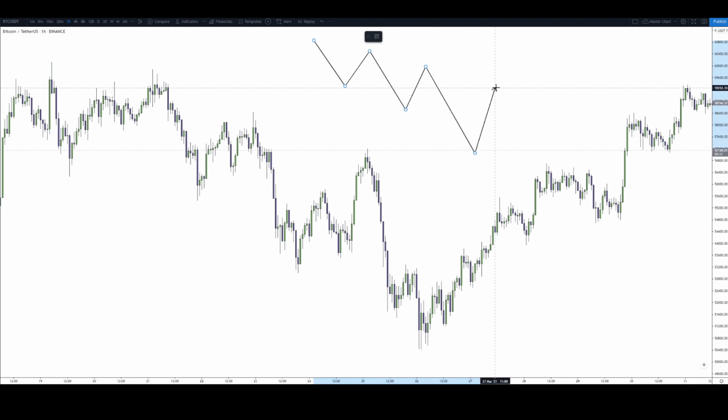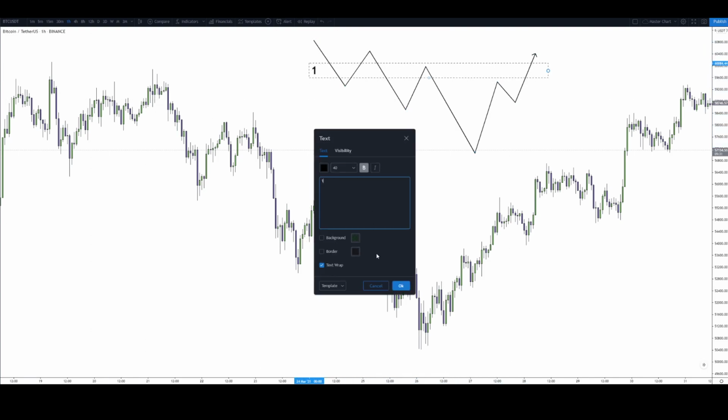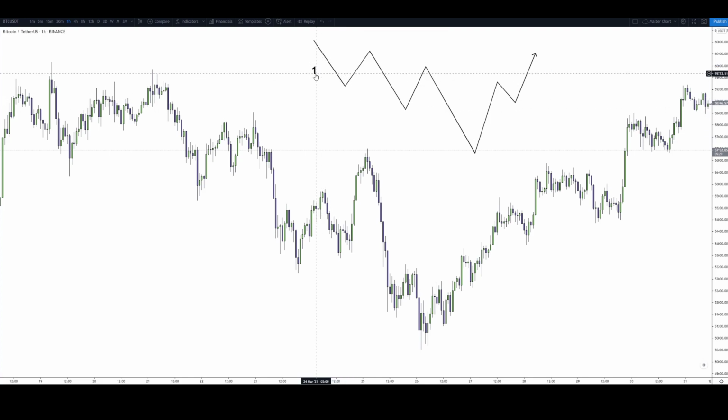draw the waves in. Usually something like this. And we'll just quickly, that's wave 1. Wave 2. That'll be wave 3, 4, 5, 6, 7, 8.